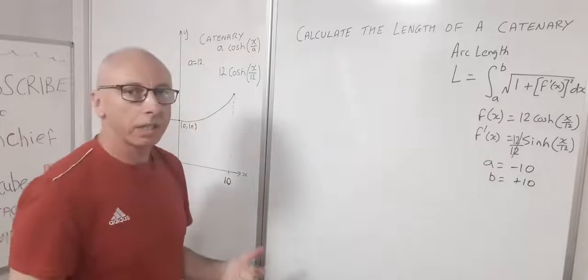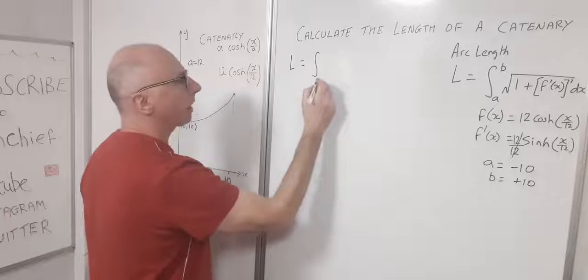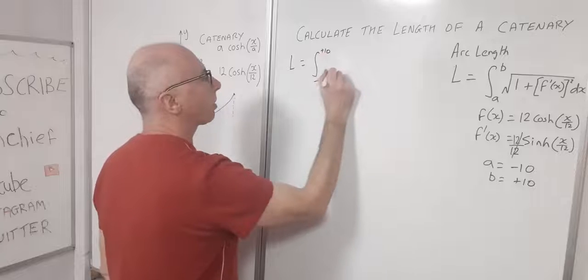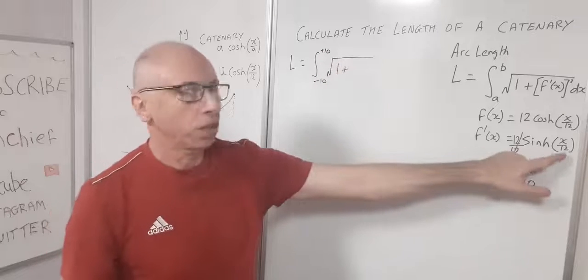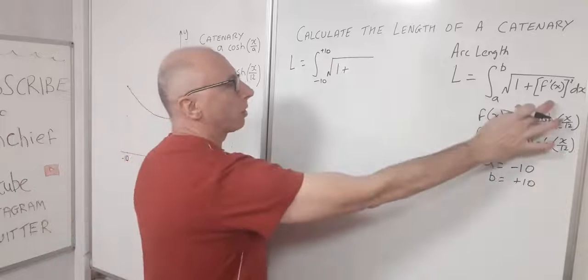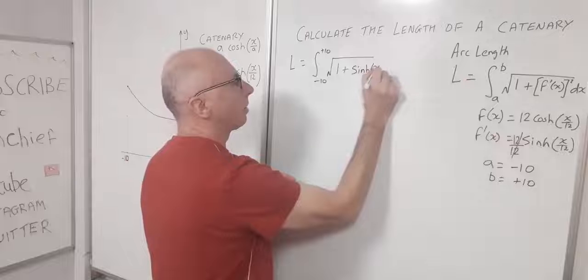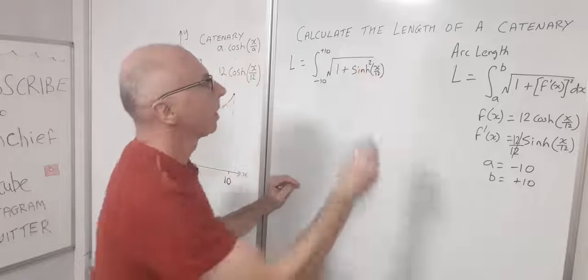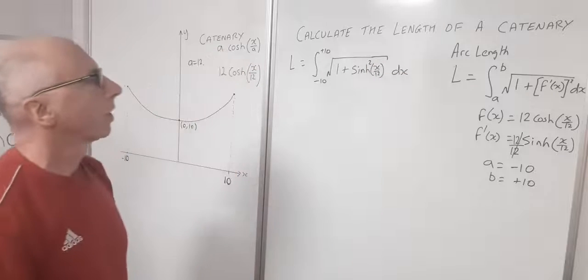So L equals the integral from minus 10 to 10 of the square root of 1 plus sinh of x over 12, quantity squared. So we write that like that, and then integrate with regards to x.